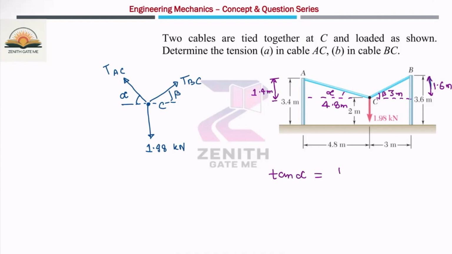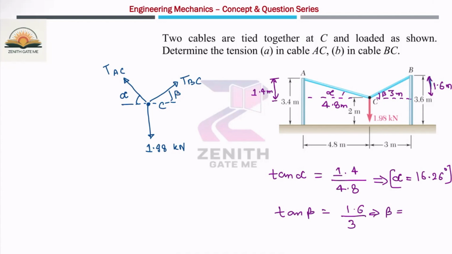Tan alpha is nothing but 1.4 perpendicular by base and tan beta is nothing but 1.6 divided by 3. From here, once you solve, you will get alpha is equal to 16.26 degree. Similarly, the beta value is 28.073 degree.